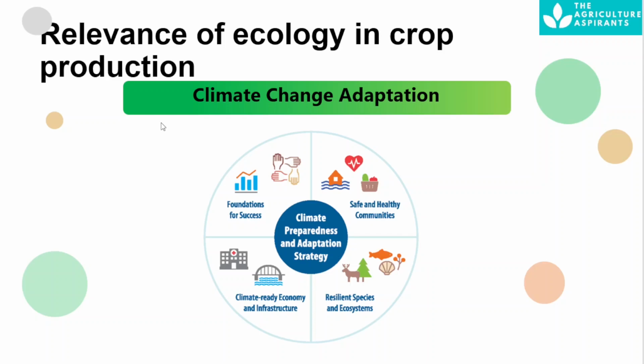So, knowing the ecological principles, we will develop different varieties so that in future we can sustain. In this way, ecology helps in adaptation, which, as we have discussed, is very important for any species for stability and further growth.